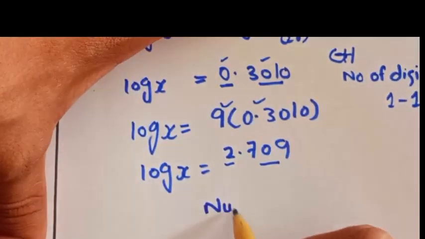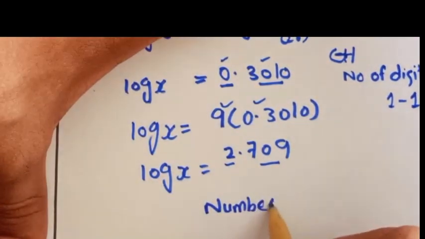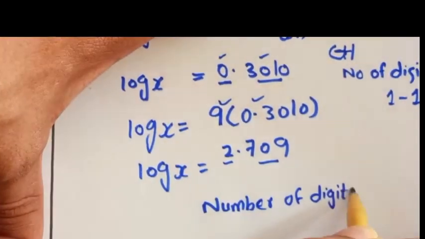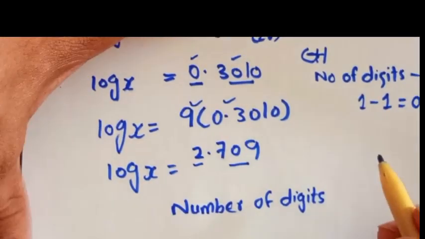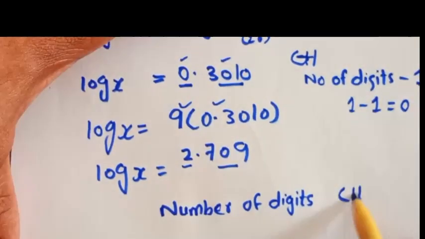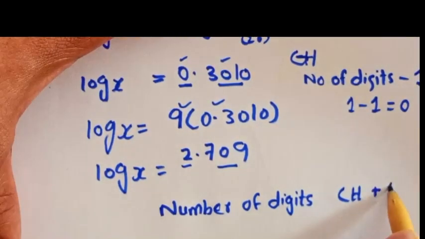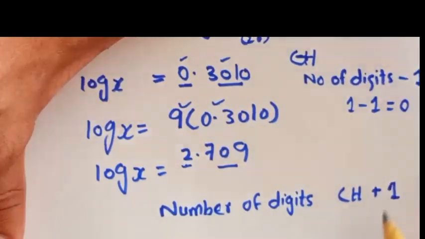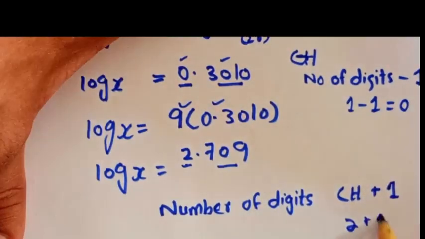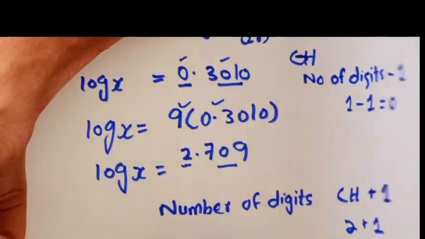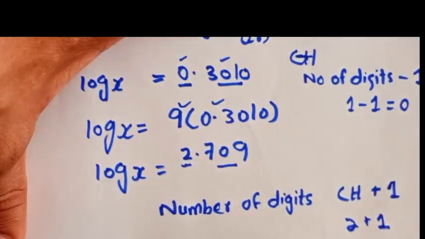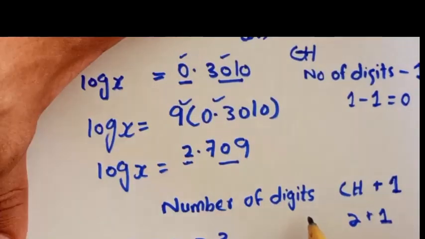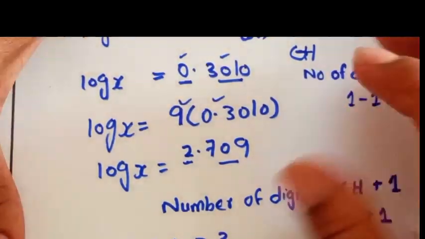As you know, for finding the number of digits, I will use this formula: characteristic plus 1. What is my characteristic? It is 2. So 2 plus 1 is 3. So the number of digits is 3 in this question.